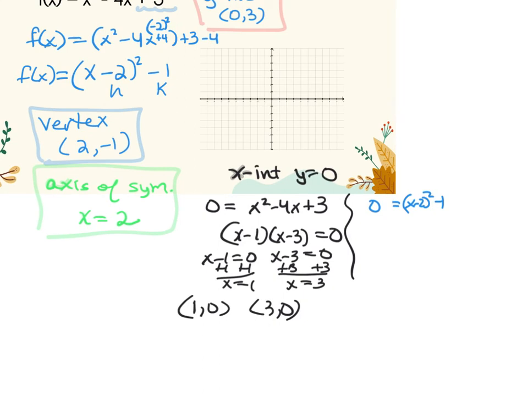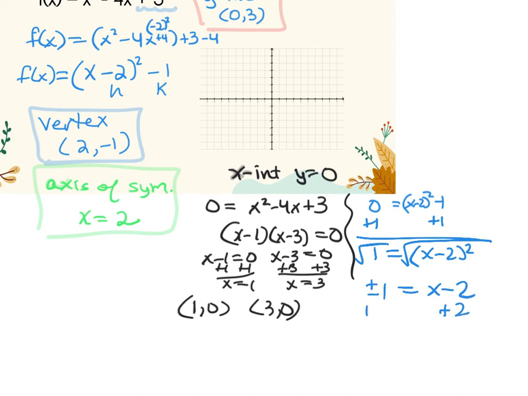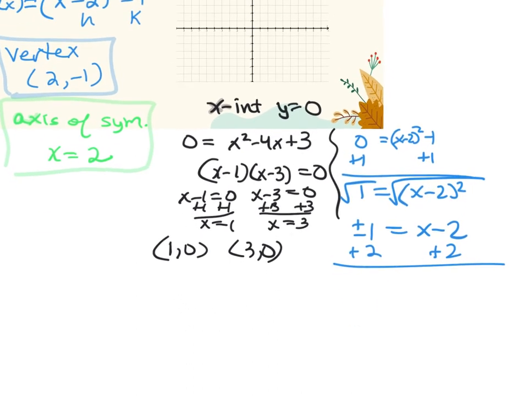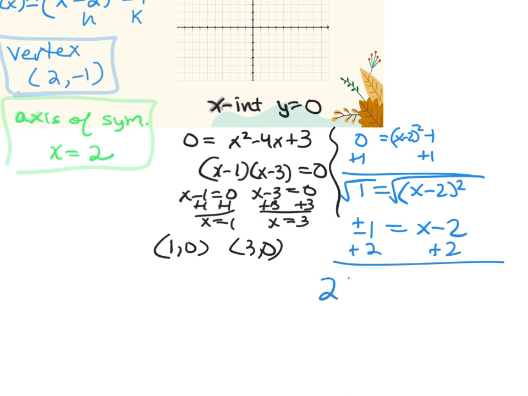If I would have used the transformed standard form, again, I would have added the 1. 1 equals x minus 2 squared. Square root both sides, plus and minus 1 equals x minus 2. Add the 2, and you end up with 2 plus and minus 1 equals x.